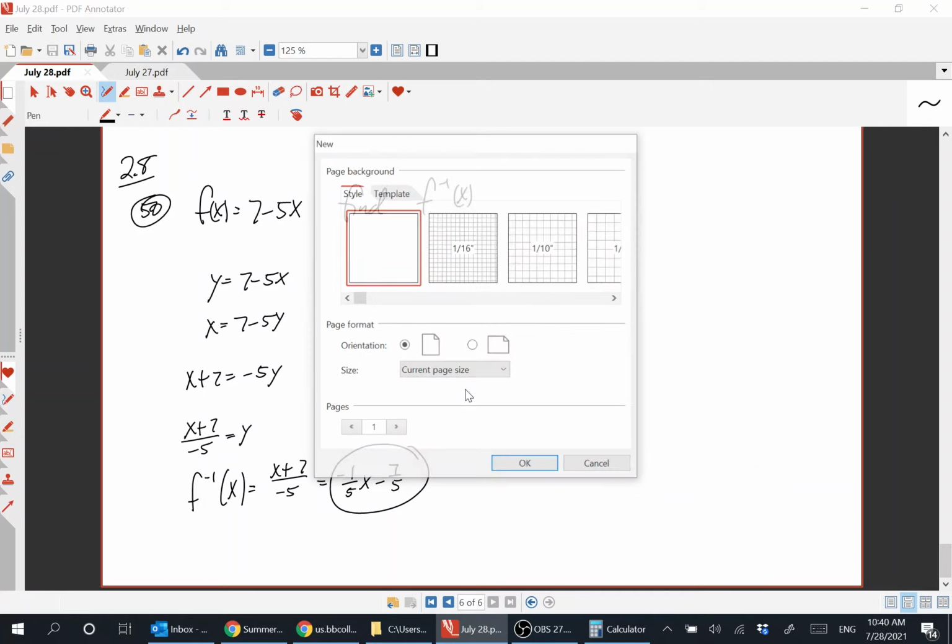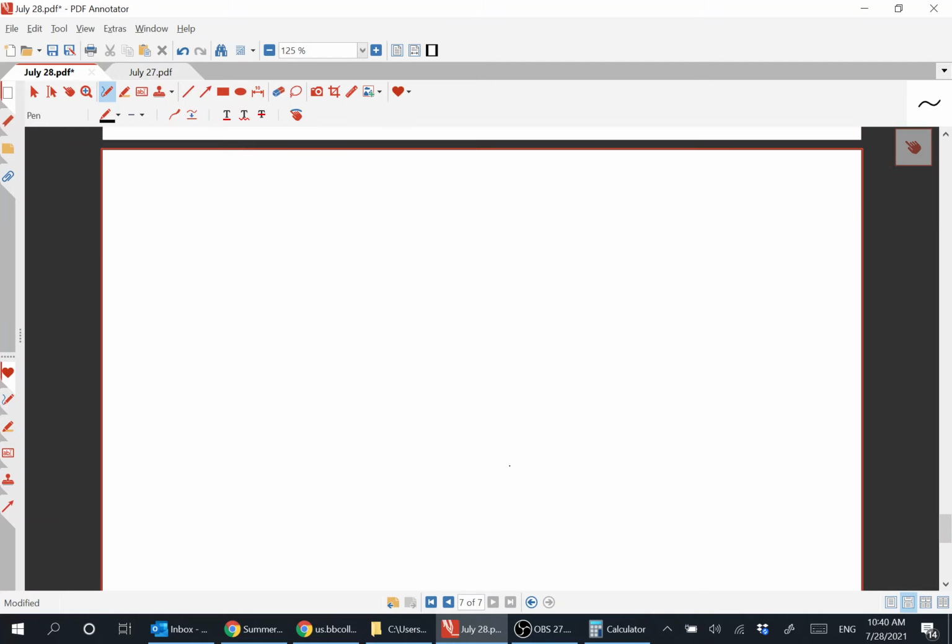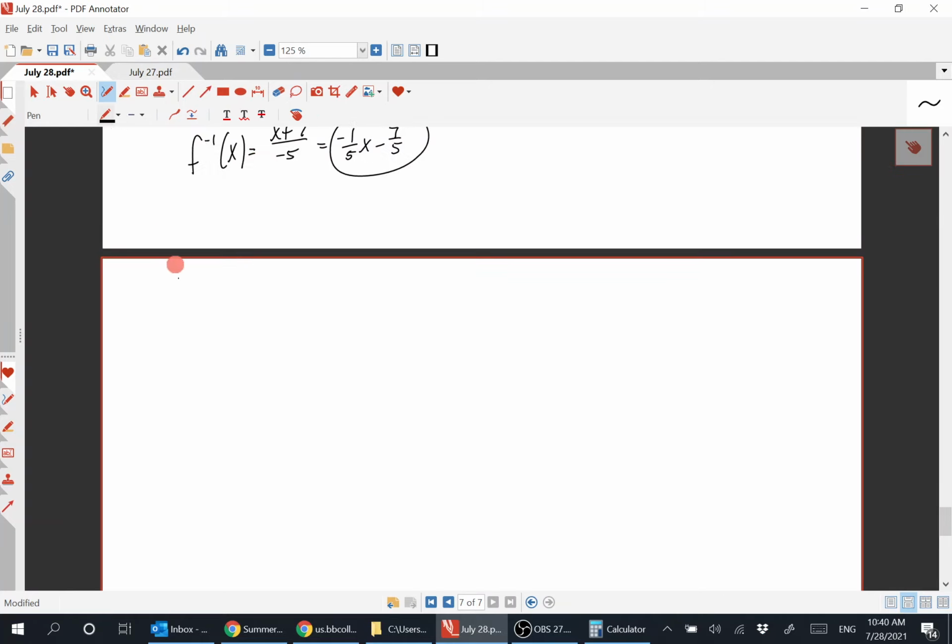The other type of function that has inverses are these Moebius functions. So 58. 4x minus 2 over 3x plus 1. No, I don't think I like this one.